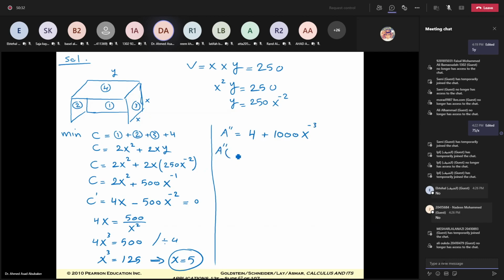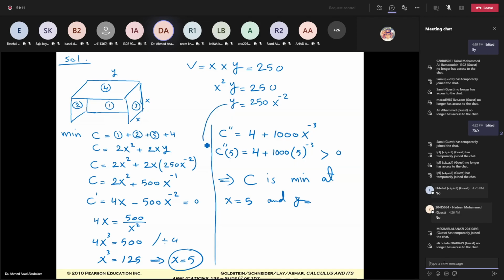After substituting the 5, we have 4 plus 1000 times 5 to the power minus 3, positive plus positive, so we have positive. So we have a minimum for the C.